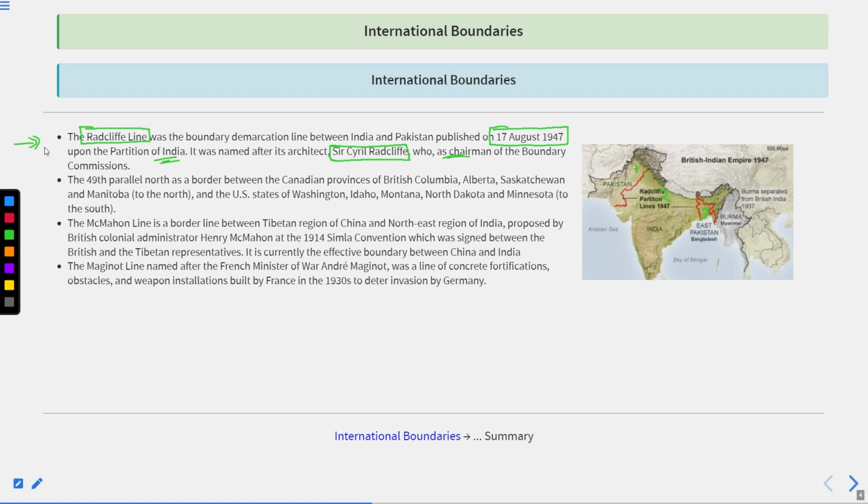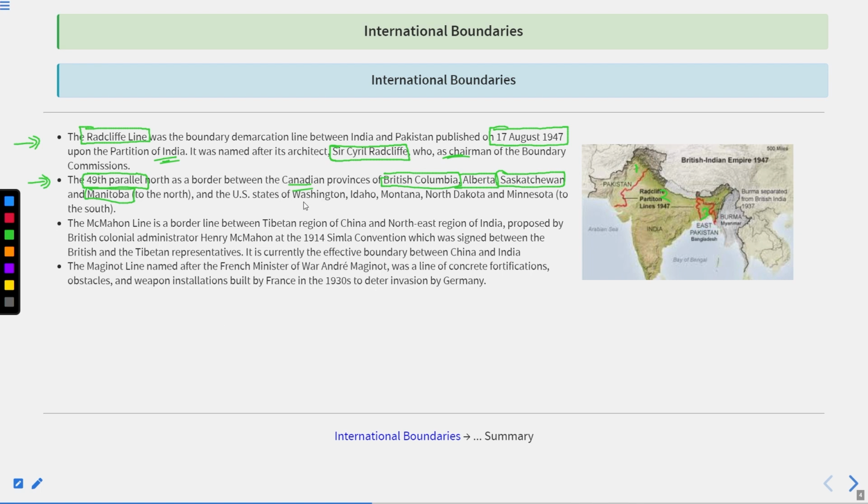All right. Then we have the 49th parallel north, or you can call it the 49th parallel only. It is actually a border between the Canadian provinces in the north, like British Columbia, Alberta, Saskatchewan, and Manitoba. These are all the northern Canadian provinces. Okay.